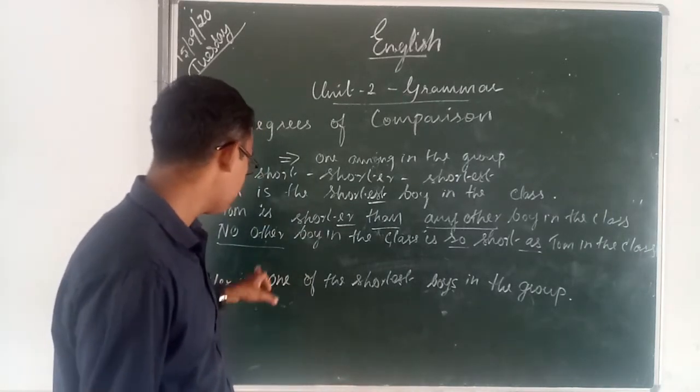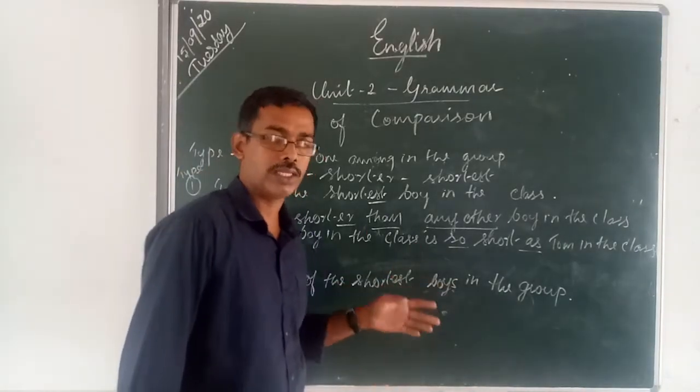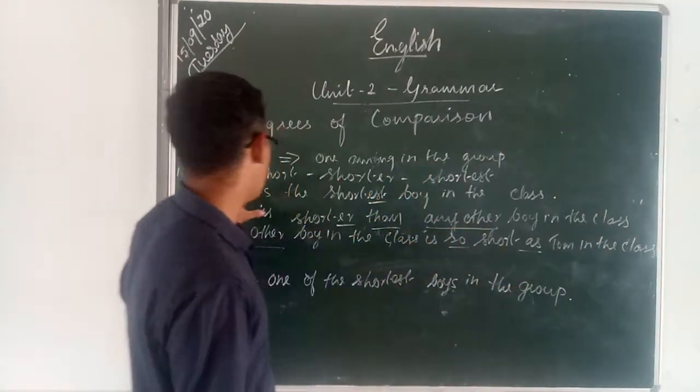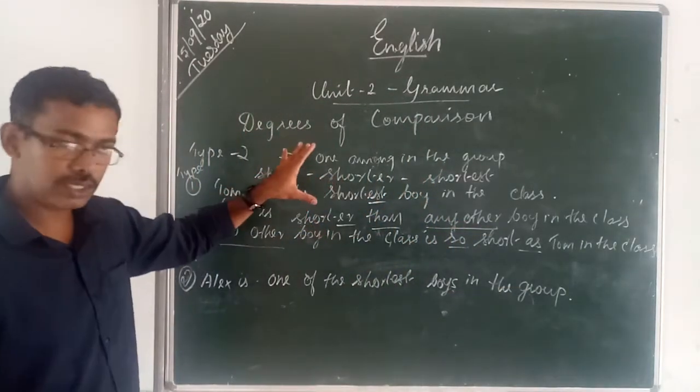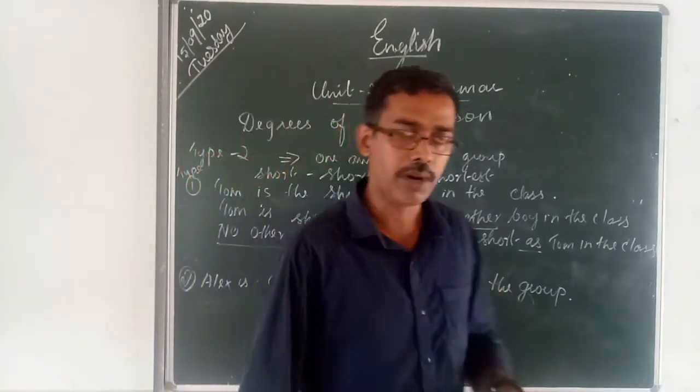The same example I have given, a similar example for type 2. Here you have used one of the. What is the reason behind that? That means you are selecting a group. We selected Tom as the topmost, the shortest boy, the boy with the least height.